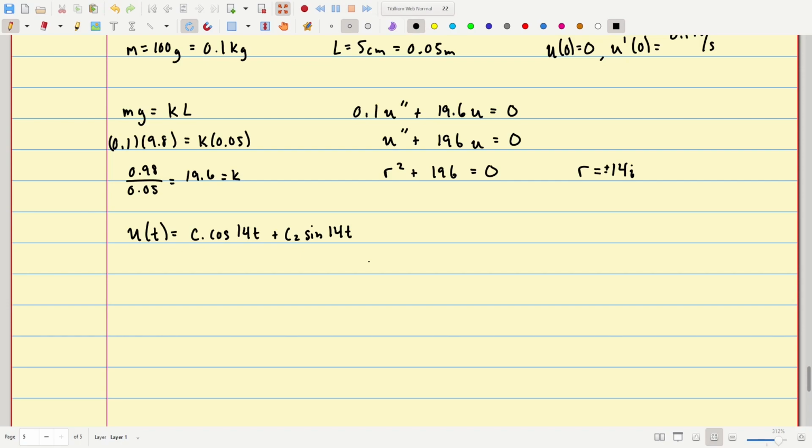And in order to finish the problem up here, we want to apply our initial conditions. We can go ahead and figure out what u of 0 is. We know that it's 0. We're going to get cosine of 0 plus sine of 0 here.